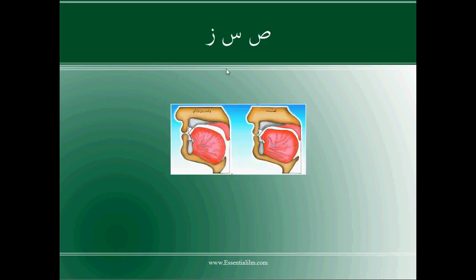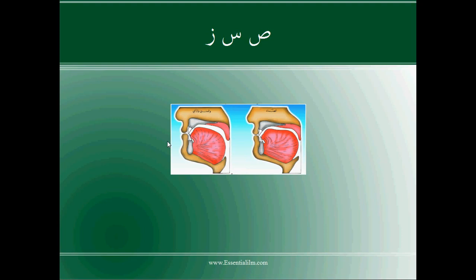Now sad, sin, and zay are pronounced from the front tip of the tongue touching the top of the bottom front two teeth. Remember that the touching here is not very strong.